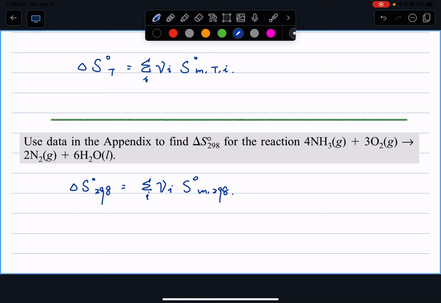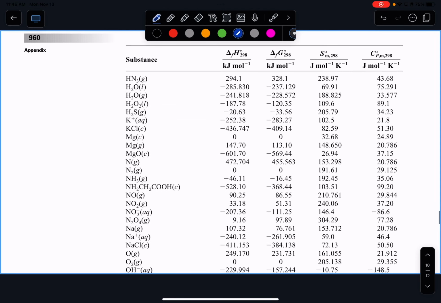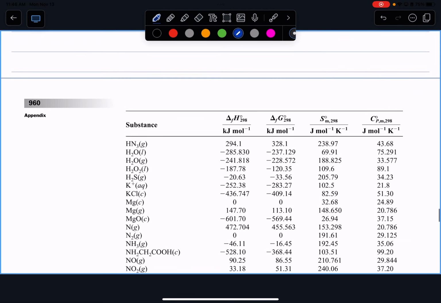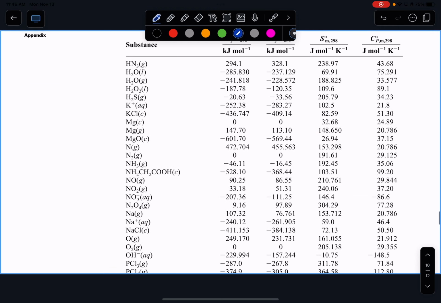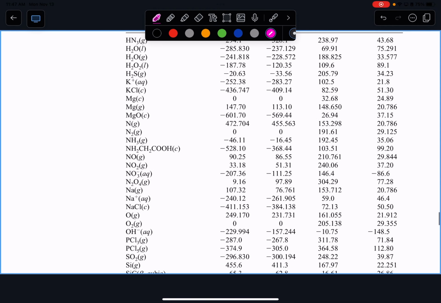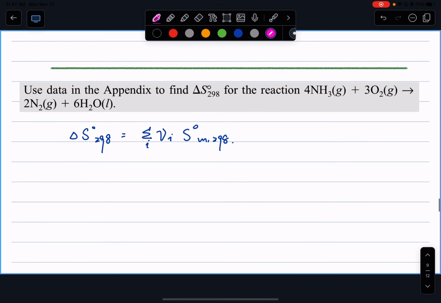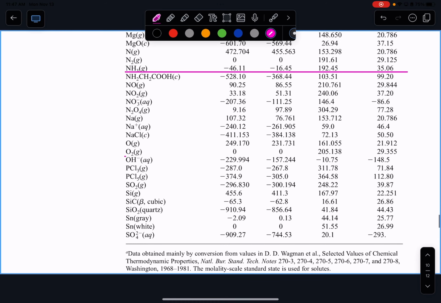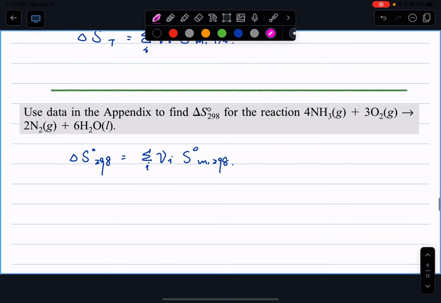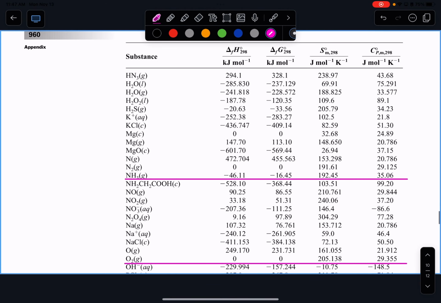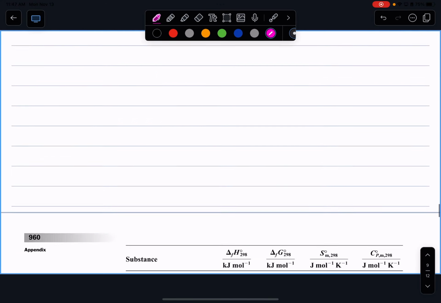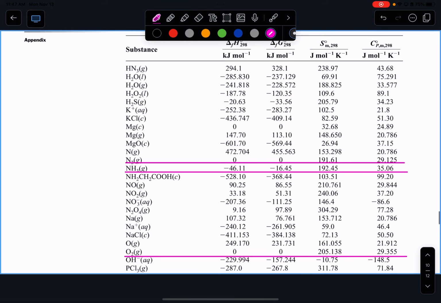So we need NH3, O2, N2, and H2O. And what you do is you go to the table and you find, let's see, we need NH3. Let's find NH3 gas, that's here, and oxygen. Nitrogen. And H2O. It's here.